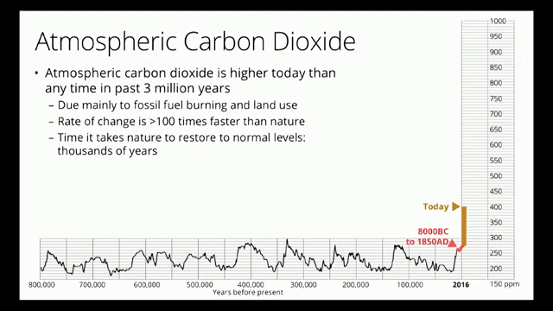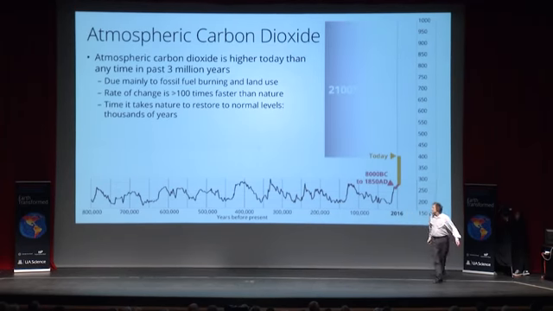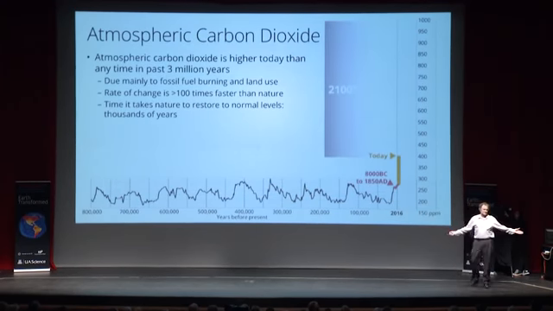We know what nature can do. The rate of change in this last 150 years is 100 times or more faster than nature can do it. And the time it takes to restore CO2 to pre-industrial levels, if we just stop emitting everything today, is on the order of thousands of years, okay? So once you put it in, basically it stays. You're stuck with it.